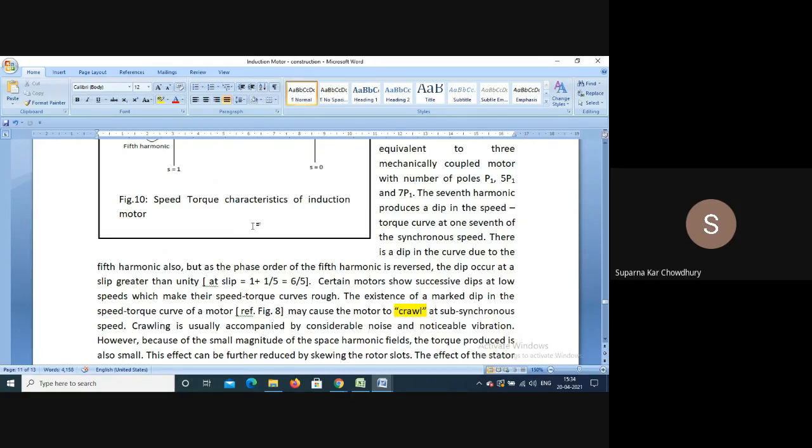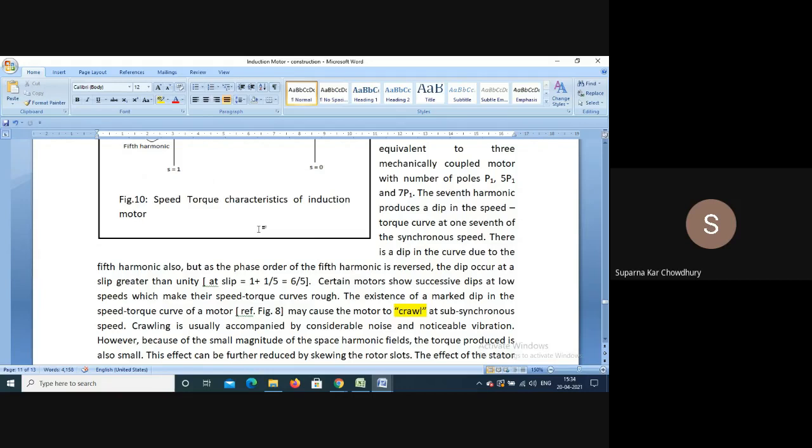However, these space harmonic fields are very small, so normally the torque produced is also small. And this effect is reduced by skewing. We have seen the rotor bars are skewed. The advantage of skewing is that the slot is not parallel to the shaft.